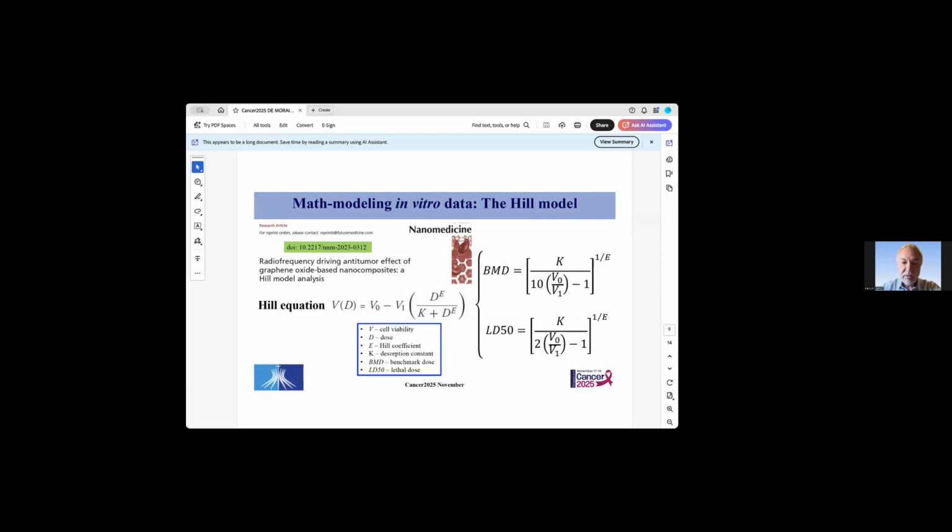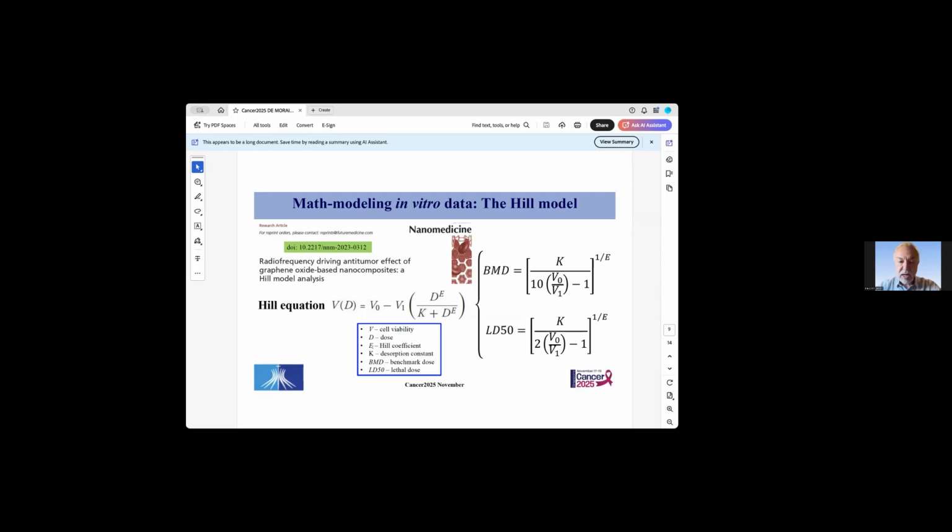In that paper, Archibald Vivian Hill provides one equation to describe the cell viability as a function of the dose. Here, V is the cell viability, D is the dose, which means the concentration of a challenging molecule, and we have the Hill exponent, or Hill coefficient. K is the desorption constant of the equilibrium.